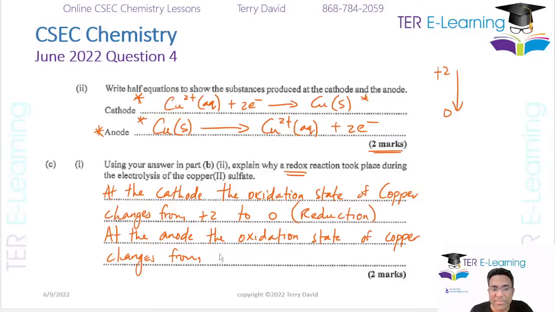So you're going from 0 to, on the right hand side, we change into Cu2+. So the oxidation number changes to +2. If you are going from 0 to +2, that's an increase in oxidation number, and that's called oxidation, right? So that's all I want here for that part of the question. That's it.